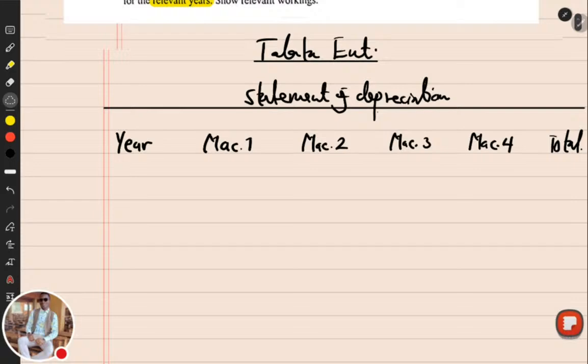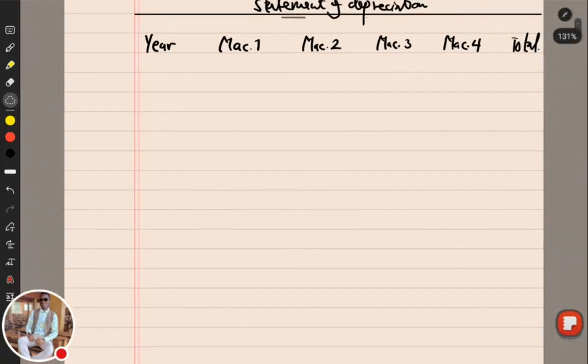So once we have this presented, let's try to form some columns and rows for this.